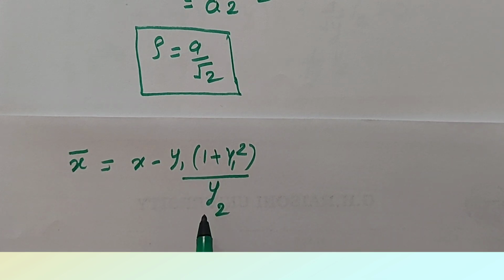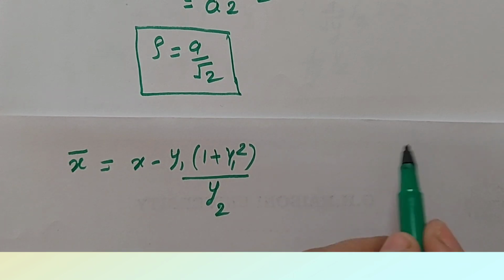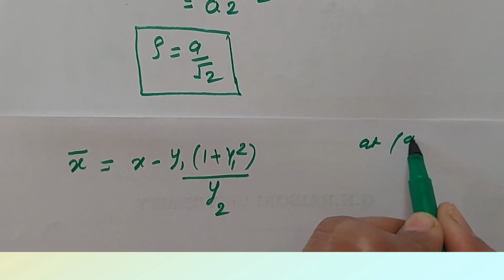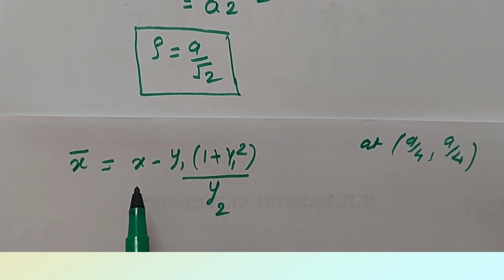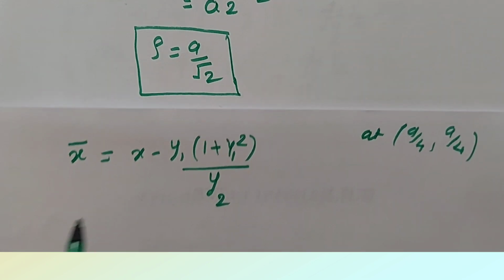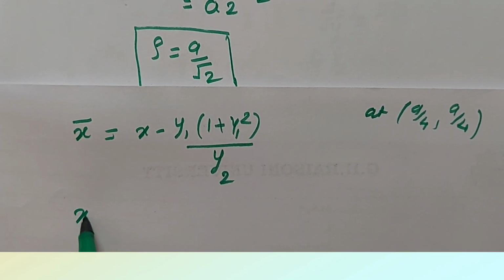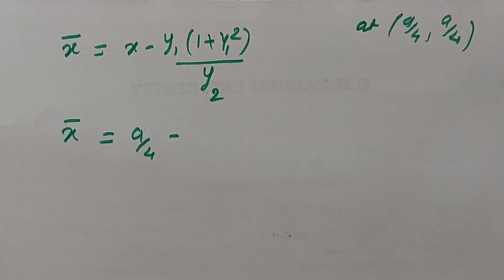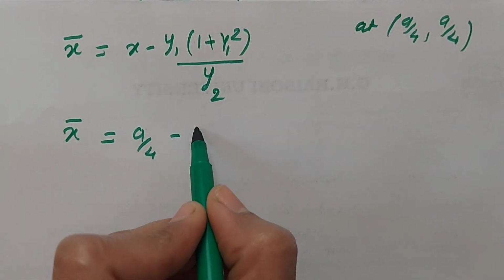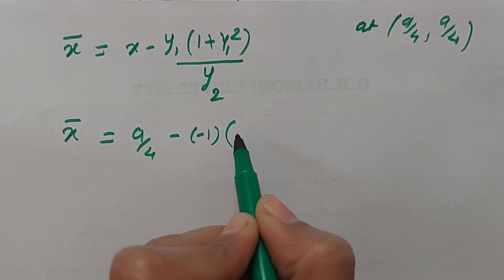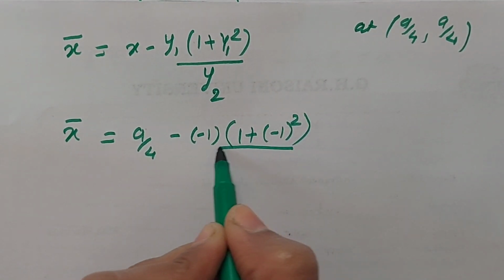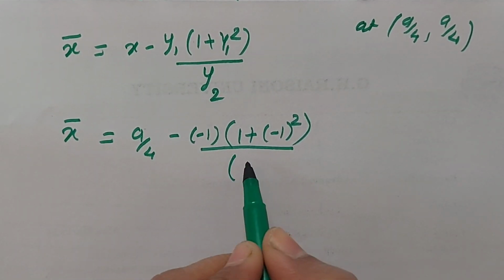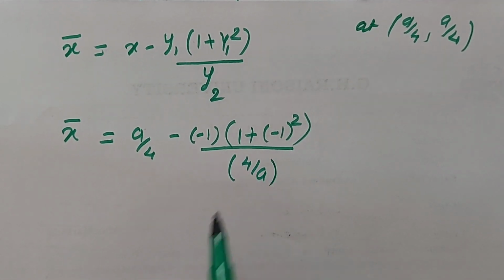Here y1 and y2 are known values, and we are finding at point a by 4 comma a by 4. That means here the value of x is a by 4. So here x bar is equals to a by 4 minus y1 is minus 1, then 1 plus y1 square divided by y2. y2 is 4 by a.